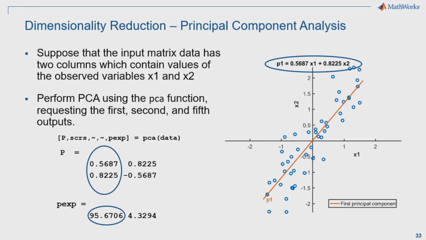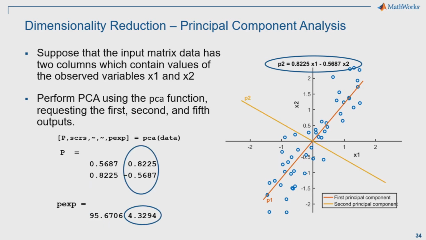And if we also use the second column of our matrix P, we would end up deriving the second principal component of our data set, that is the second axis where we want to project our data set.